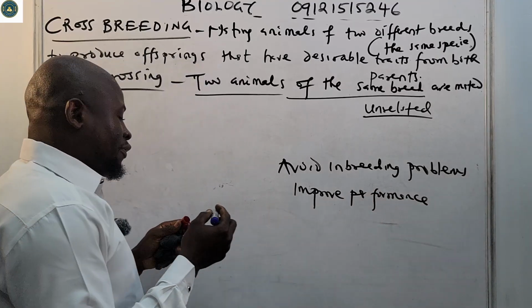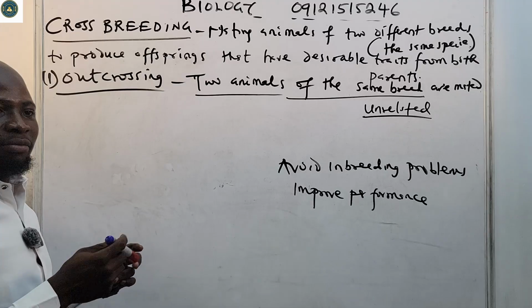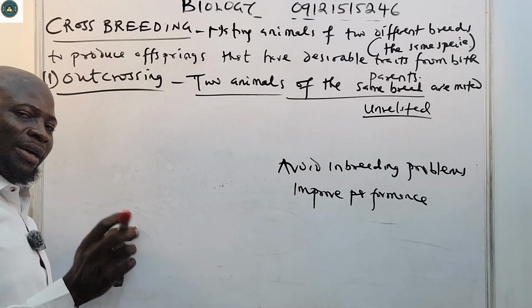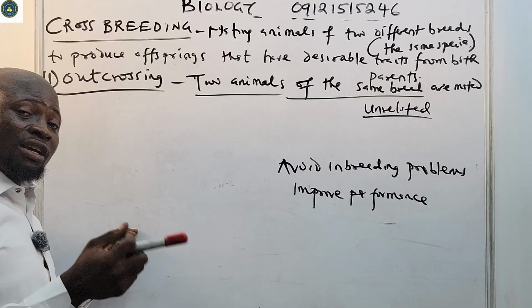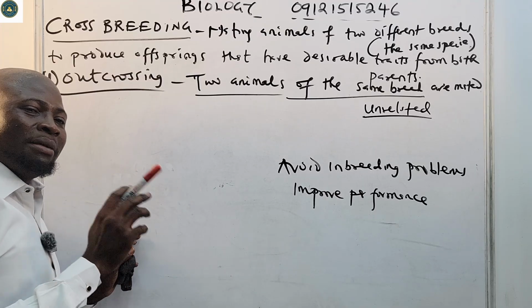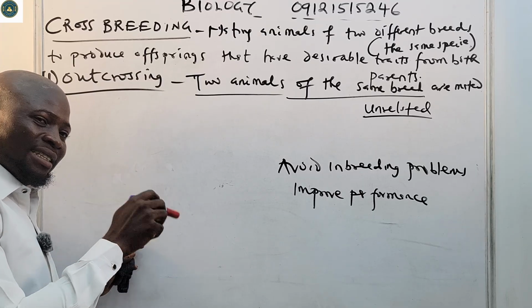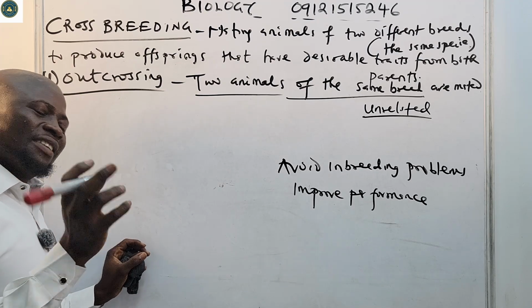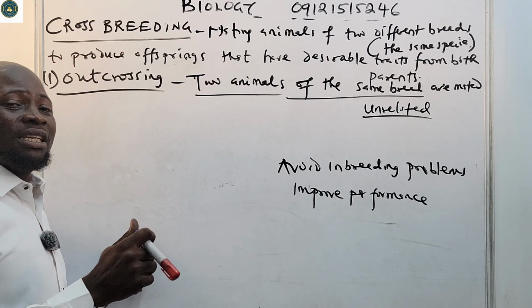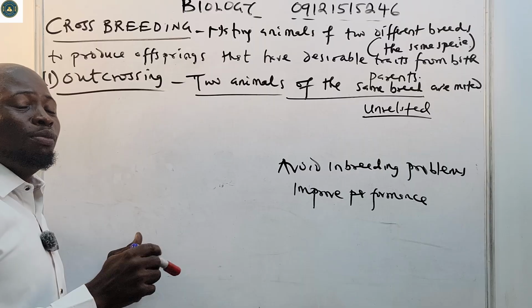I don't know if you have heard before, let's say your dog gives birth to puppies. It is very, very wrong for you to use the offspring of that dog to go and mate the same mother. In local parlance they say you will give birth to rubbish.